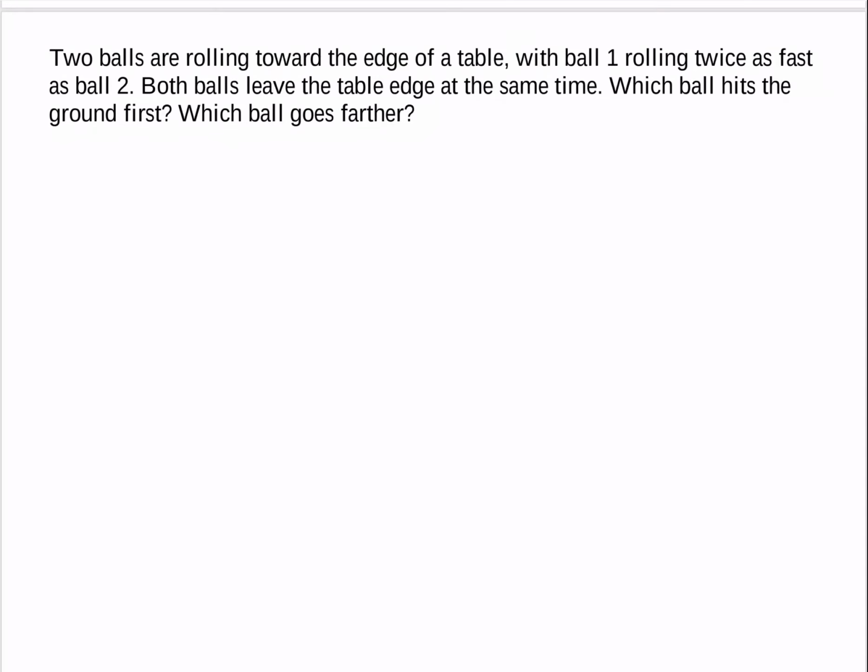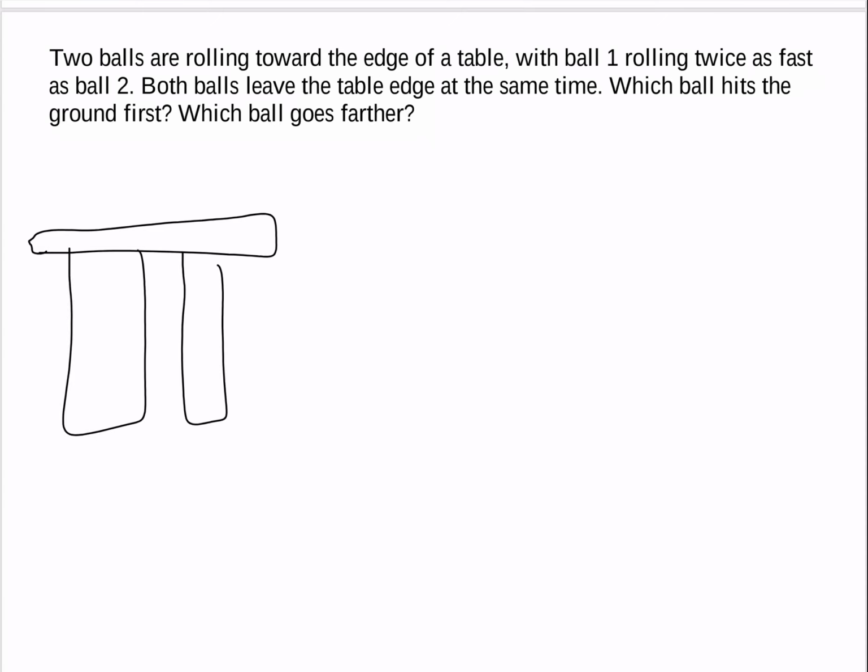So let me draw a little table here. It's going to be an amazing table. It's like a giant pi symbol. Ball one and ball two leave the table at exactly the same time. So ball one will be the green ball, and it rolls off the table. But ball two is rolling twice as fast as ball one.